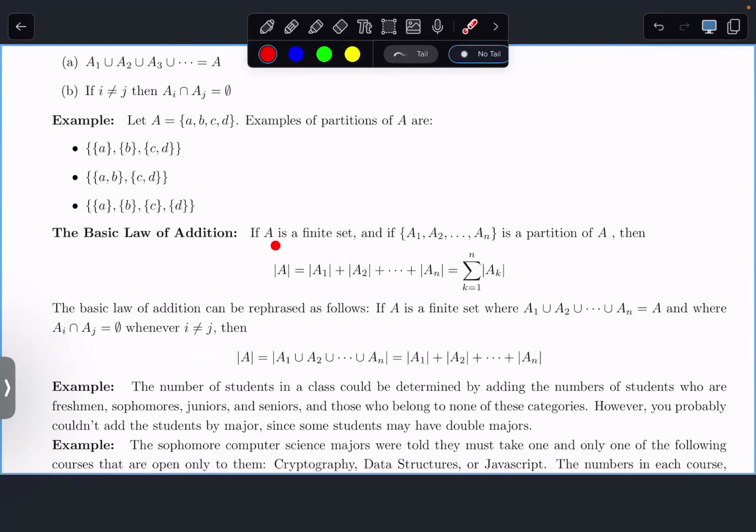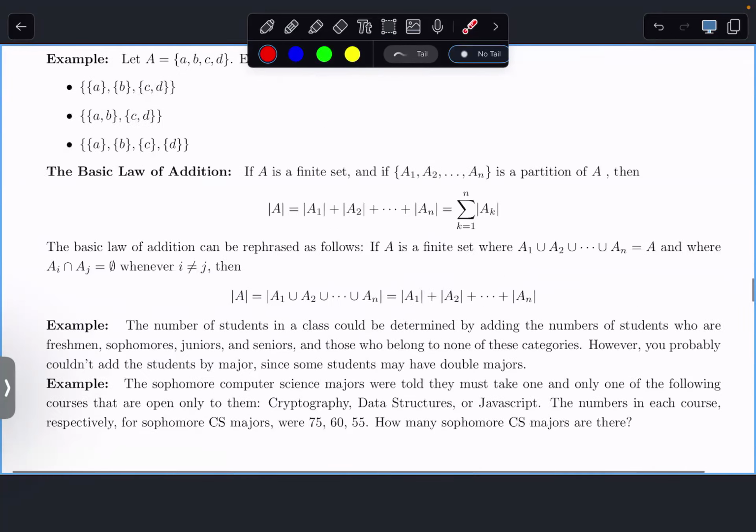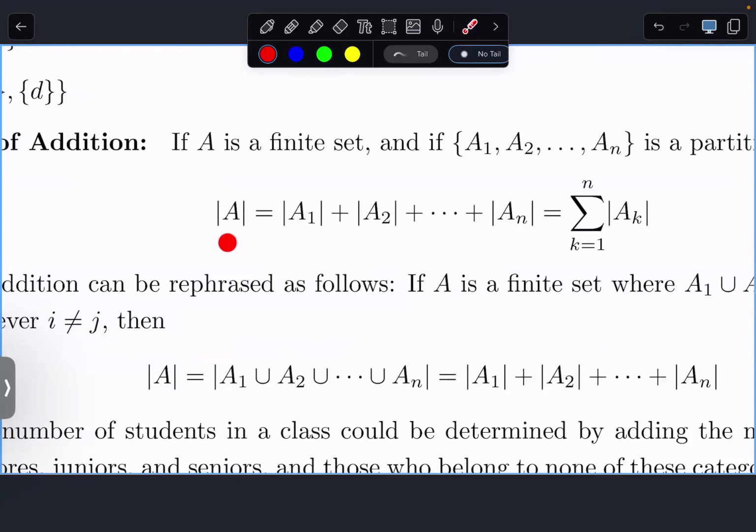So the basic law of addition says that if A is a finite set, so we're not talking infinite sets, we're talking finite sets, and if A_1, A_2, all the way up to A_n is a partition of A, then the cardinality of A is going to be the cardinality of A_1 plus the cardinality of A_2, all the way up to the cardinality of A_n added together.